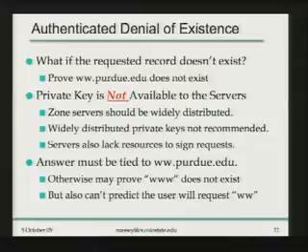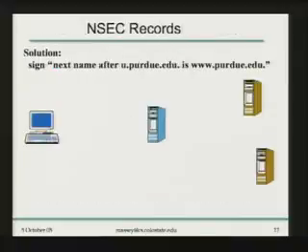Okay, so the solution actually is not immediately apparent, but will be entirely trivial once you see it. So here's the idea. I know what's in the zone. Instead of trying to authenticate what doesn't exist, let me order the zone in a nice canonical order, essentially alphabetical order, plus a little bit to handle DNS issues.